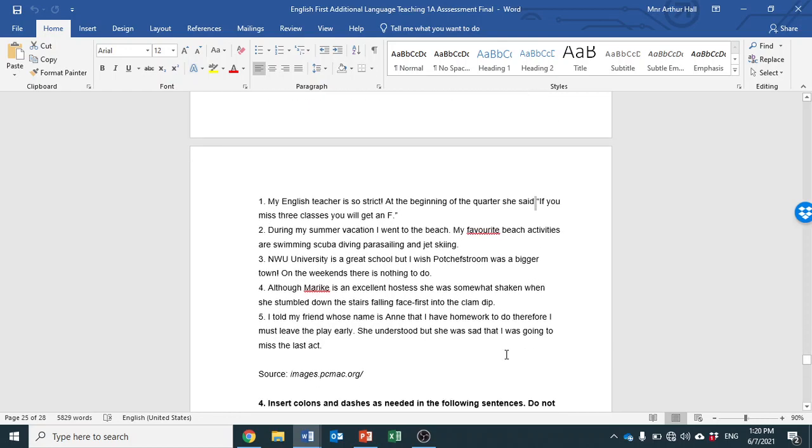Number 4, although Marika is an excellent hostess, she was somewhat shaken when she stumbled down the stairs, falling face first into the clam dip. Although Marika is an excellent hostess, comma, she was somewhat shaken when she stumbled down the stairs, falling face first into the clam dip. So the only comma there is to separate the clause from the phrase.